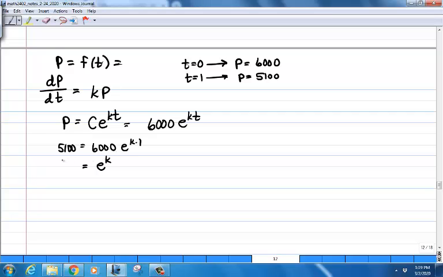So you get e to the k is 5,100 divided by 6,000. And let's see, that reduces. Is that 17 over 20? Am I doing that right? I think so. Okay, so 5,100 over 6,000 reduces to 17 over 20.